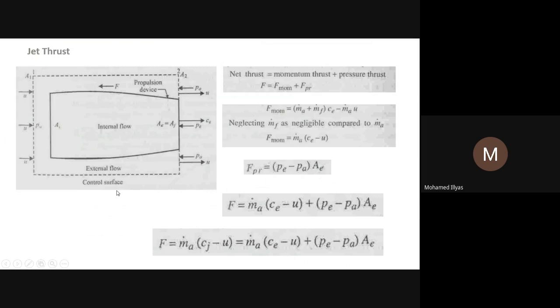That's why we call it a control surface. When we do the analysis, we'll consider the flow properties exactly at the boundary and also inside. That's why we have this boundary. We call it a control surface, and we have a control volume also.